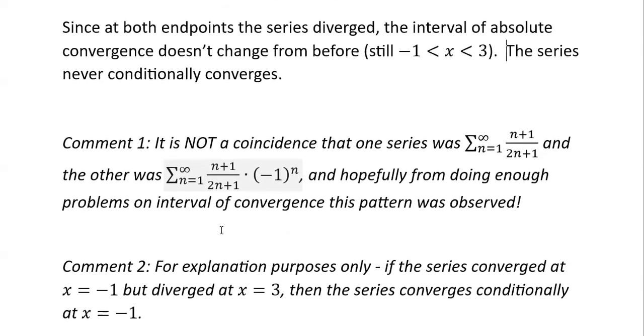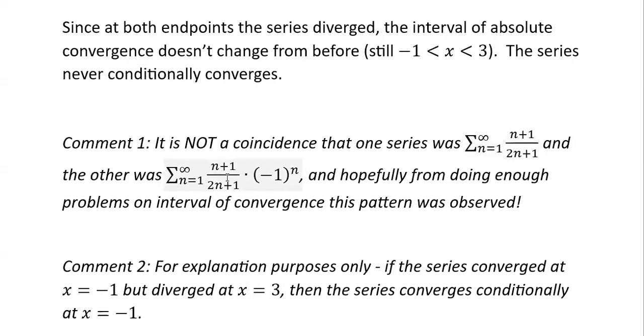Number two, this is just for explanation purposes. If, for example, the series converged at x is -1, but diverged at x is 3. So this was the series at x is -1, and this is the series at x is 3. Pretend this one converges by the alternating series test. The absolute valued version, if it diverges, then we say this series is conditionally convergent.